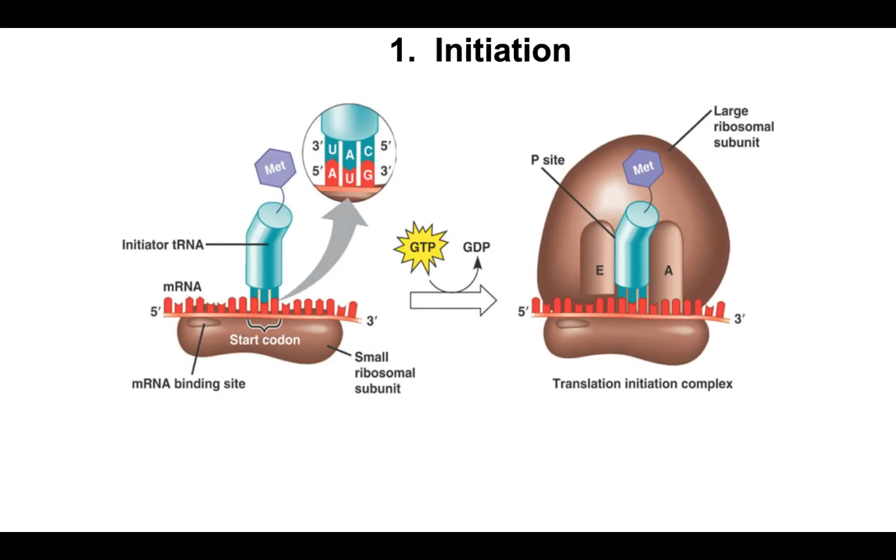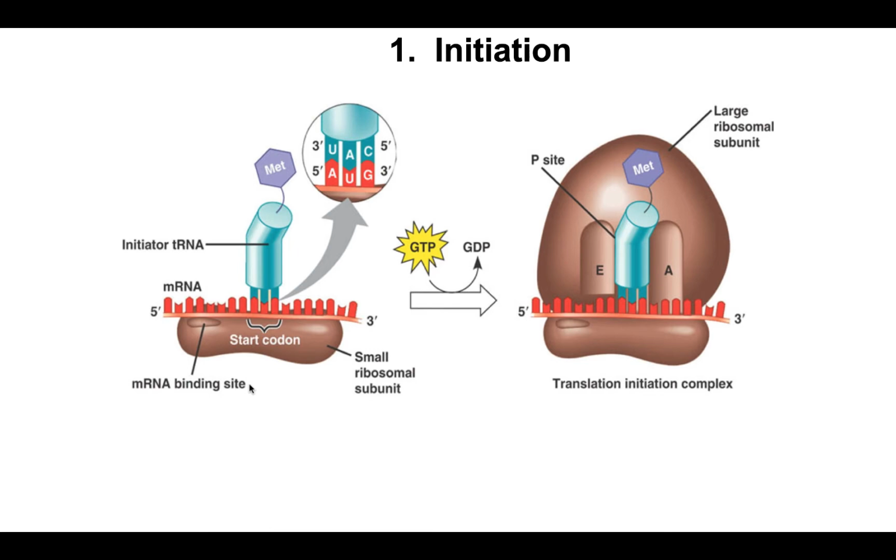Let's take a look at initiation. In initiation, what we have is the small subunit. Remember, the ribosome exists separately. The two subunits exist separately in the cell, and they only come together when there's mRNA involved.